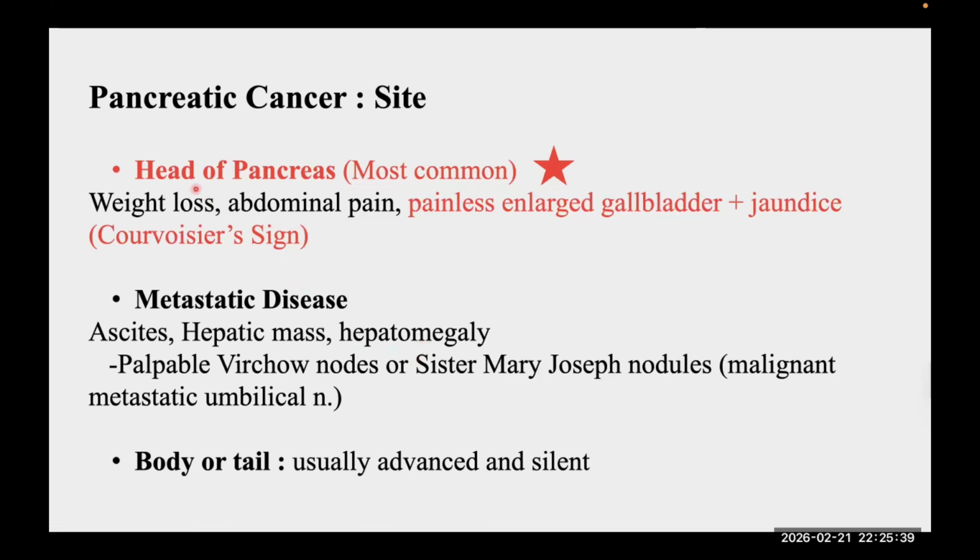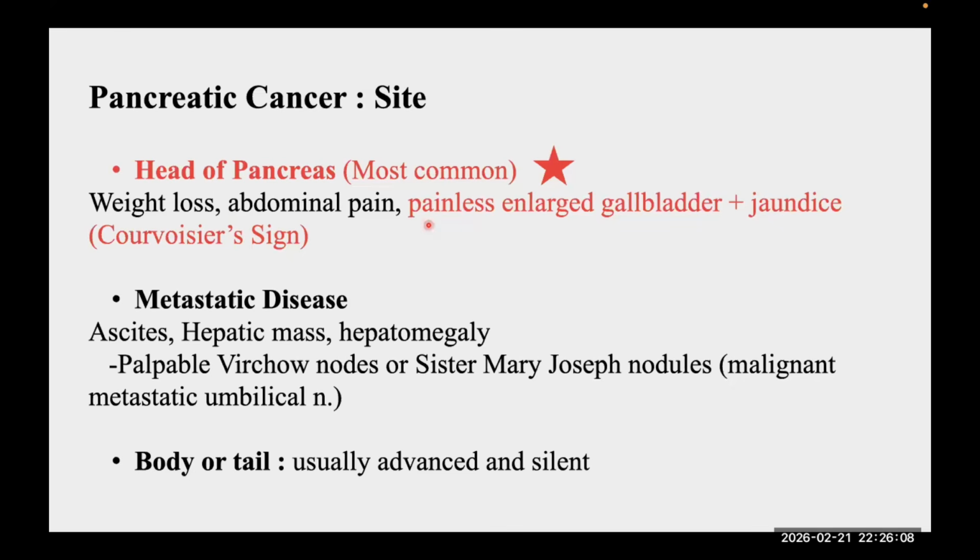Now, as I mentioned, it most commonly affects the head of the pancreas, and this is the most common site for pancreatic cancer. A very important sign that is very suggestive of pancreatic cancer is the Courvoisier sign. This is basically a painless enlarged gallbladder with jaundice.